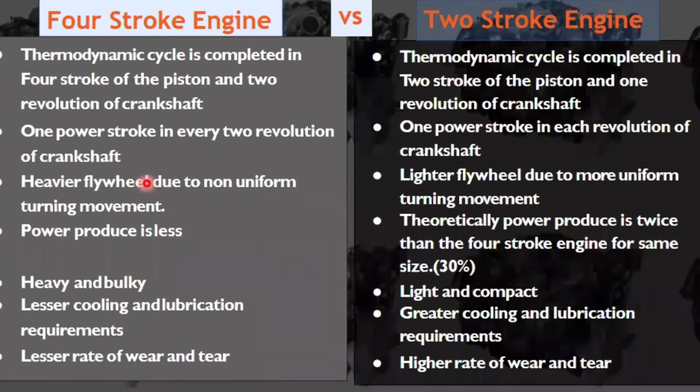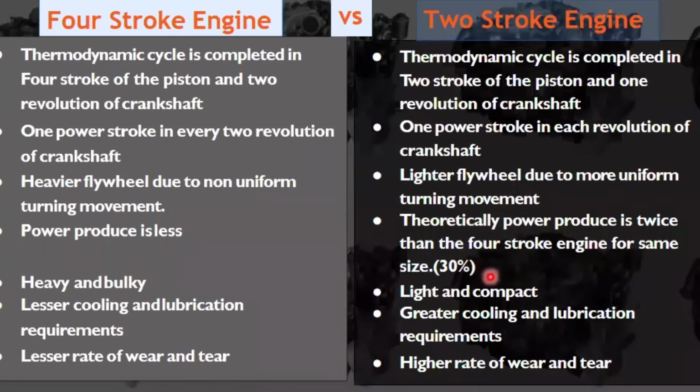Within two revolutions we get one power stroke here, whereas there during one revolution we get one power stroke. So in the time the four-stroke engine produces one power stroke, the two-stroke engine can produce two power strokes.